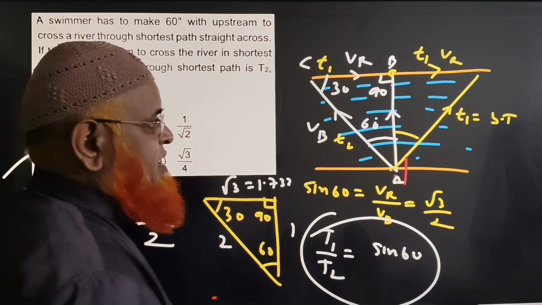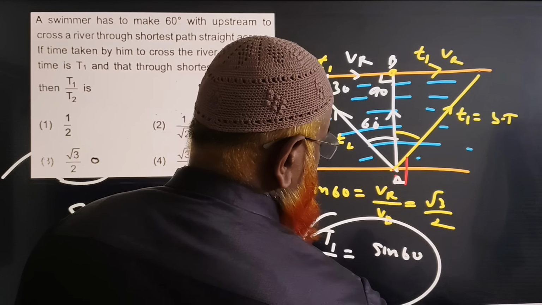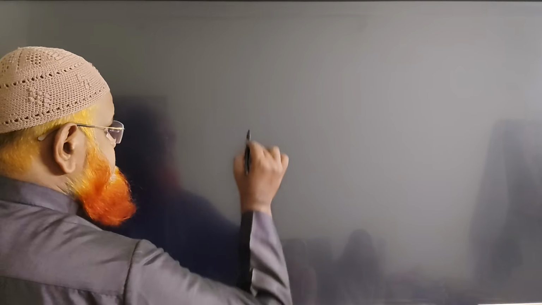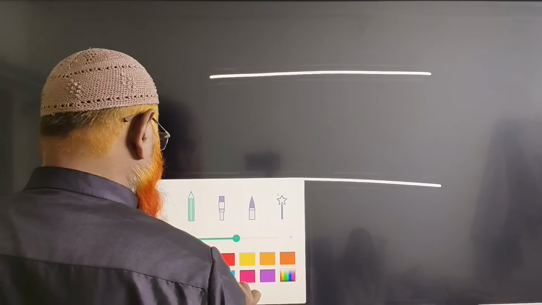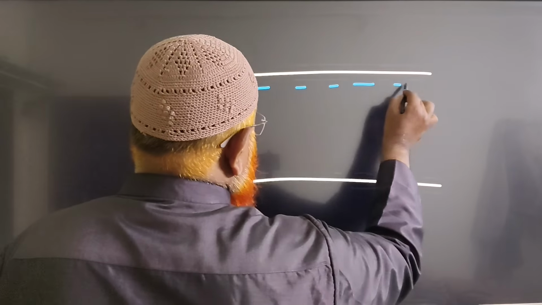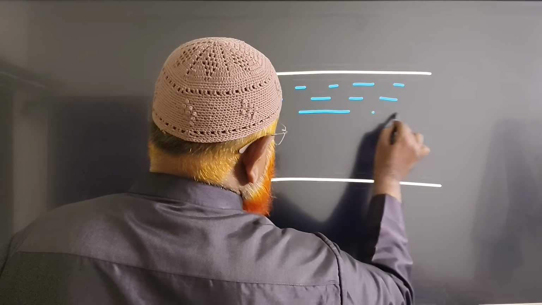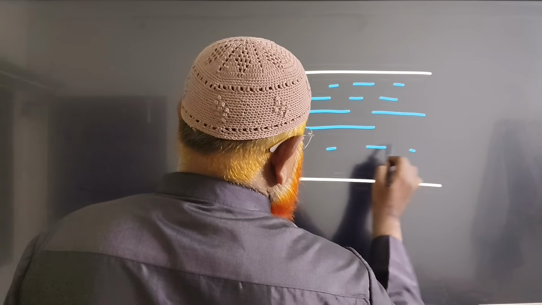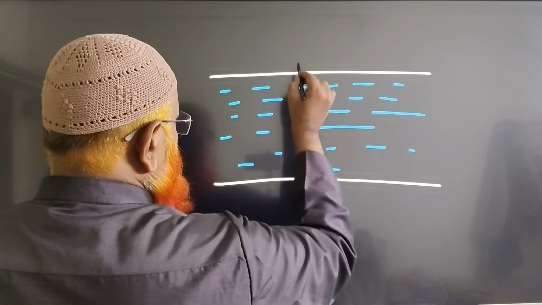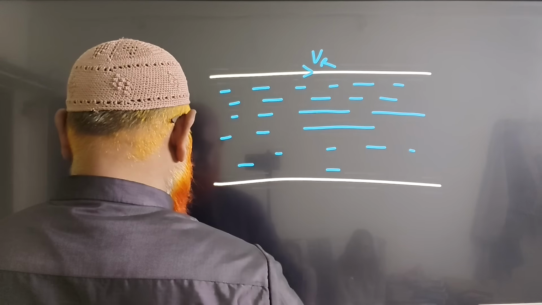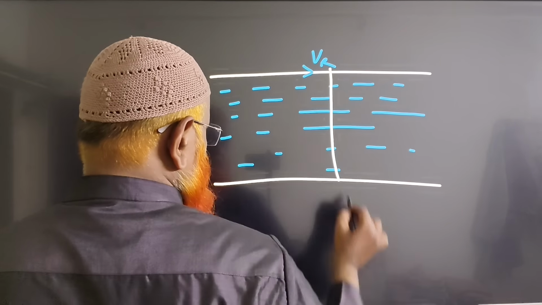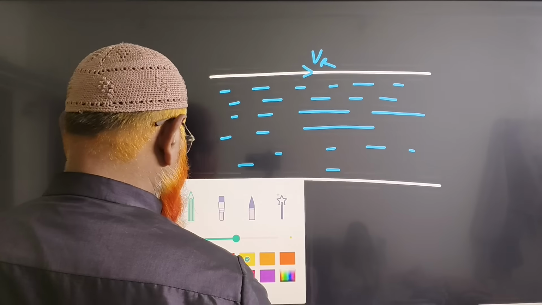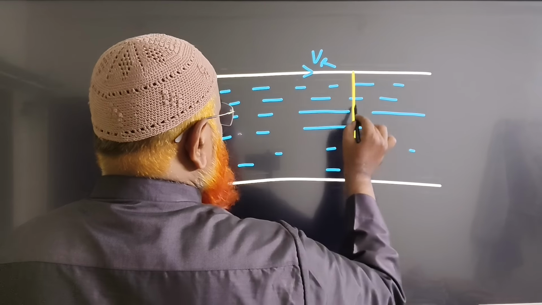So you just remember one more thing here. For example, this is a canal in which water is flowing. This is said to be the river velocity. Now, your aim is to reach the opposite end of the bank of a river.